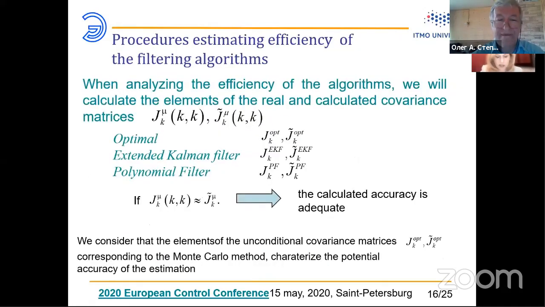In calculating the unconditional covariance matrix, we use three algorithms. One of them corresponds to the Monte Carlo method, the second to the extended Kalman filter, and the third to the polynomial filtering method.